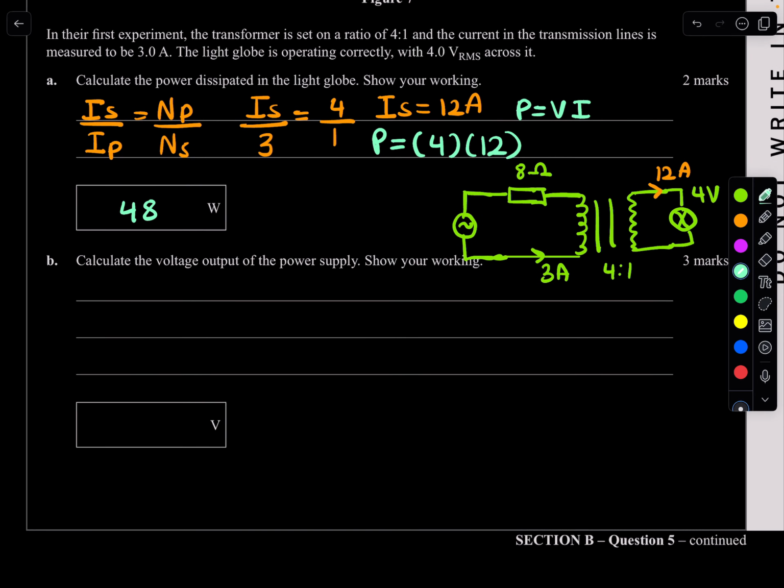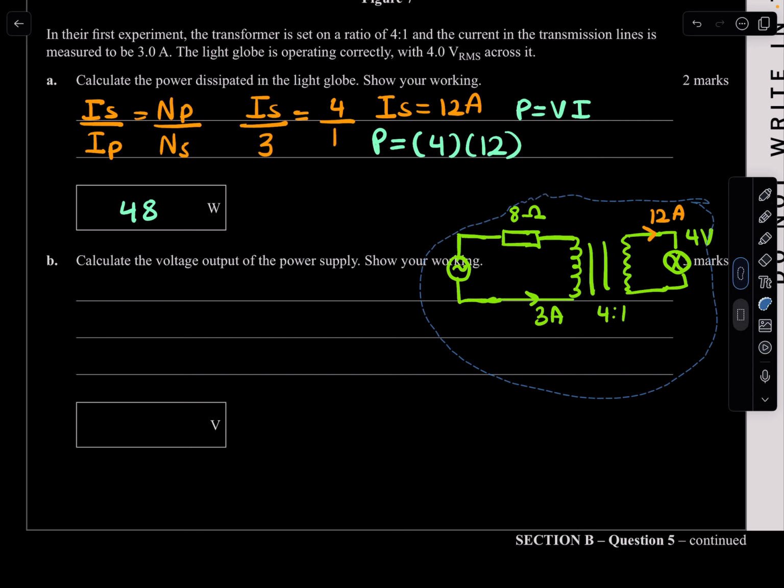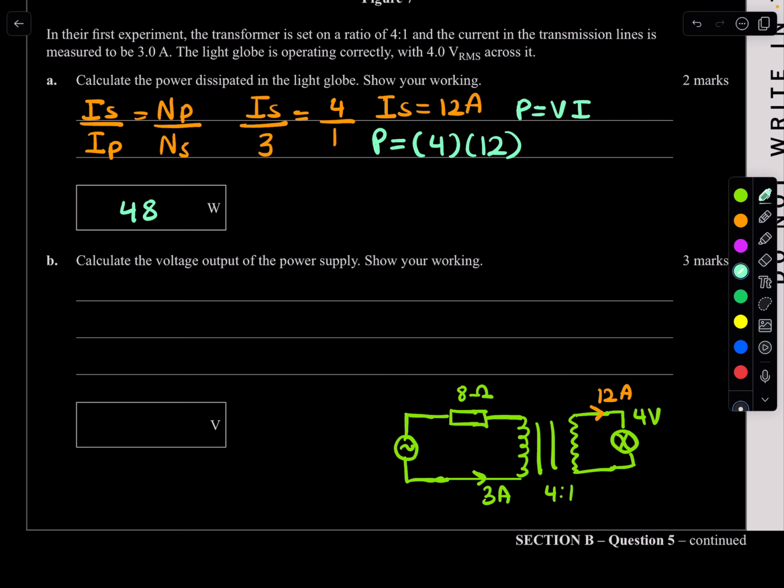Calculate the voltage output of the power supply, show your working out. So we want to find now, let's take this back to this diagram and put it more down, right over here. We want to find the voltage of this power supply. I think the easiest way to do this is to first find the voltage across this resistor, the transmission lines, which can be easily done because we have the current and the resistance.